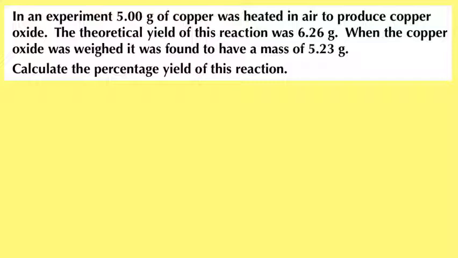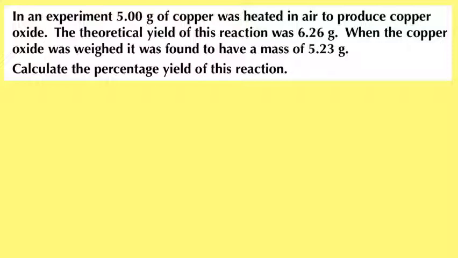Once you've taken account of your balanced equation and gone through the process we've just gone through, you work out that the theoretical yield for this reaction is 6.26 grams. But when the copper oxide was weighed, it was found to have a mass of 5.23 grams. Now we need to calculate the percentage yield of that reaction.